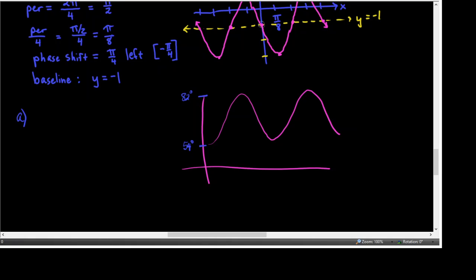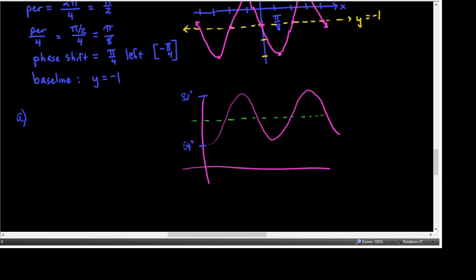Okay, well, if that's the max and that's the min, what can we find out? Well, one of the things we need to find out is where the middle is, because we've got the highs and lows, and the middle is very important when graphing these.